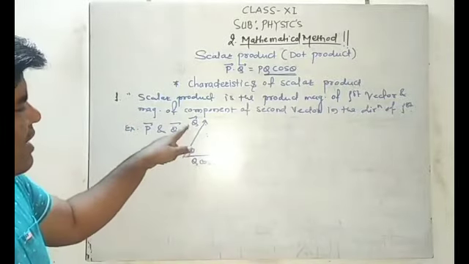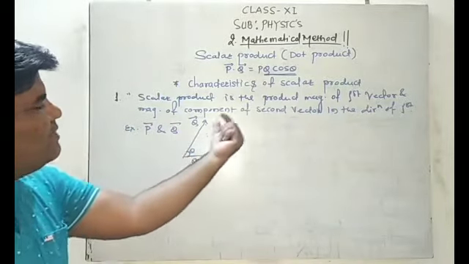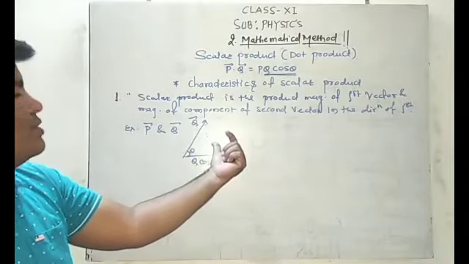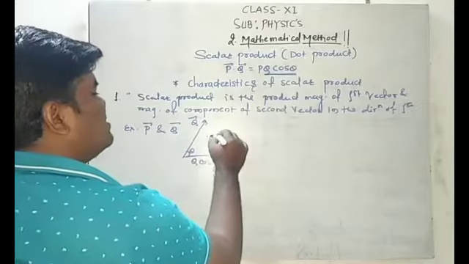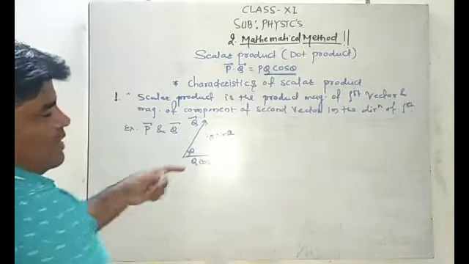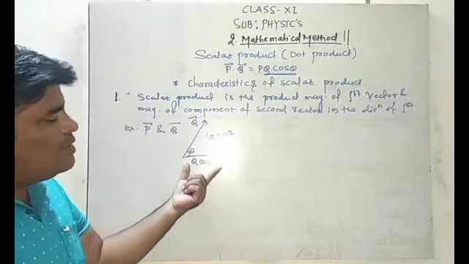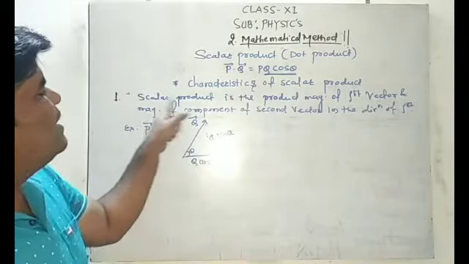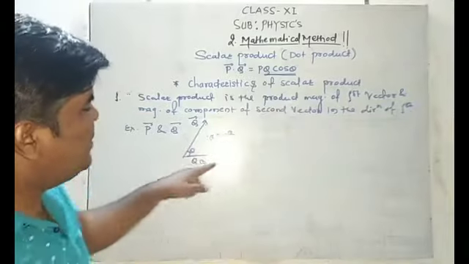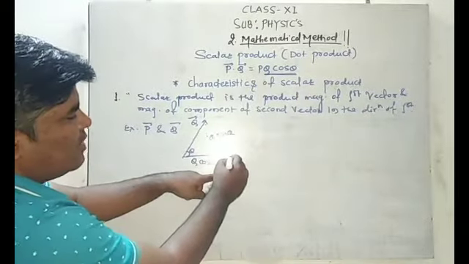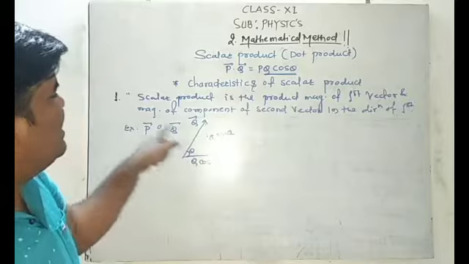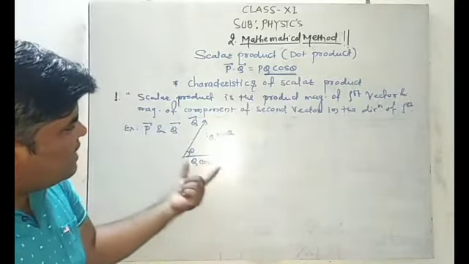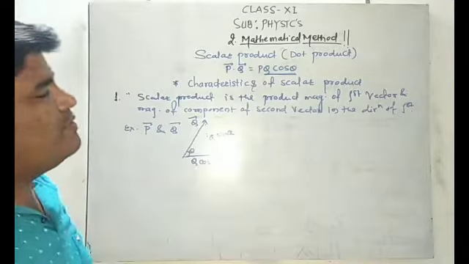So what components will Q bar have? This component is Q sin theta, and this component is Q cos theta. And what does our definition say? The scalar product is the product of the magnitude of the first vector and the magnitude of the component of the second vector in the direction of the first vector.